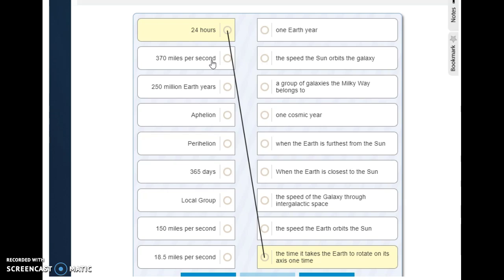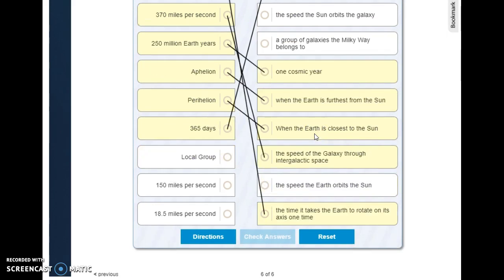What we're talking about here is the speed of the galaxy through intergalactic space. 250 million Earth years, we're talking about one cosmic year. 150, aphelion. When we're talking about aphelion, we're talking about when Earth is farthest from the sun. Perihelion, when the Earth is closest to the sun. 365 days, one Earth year.